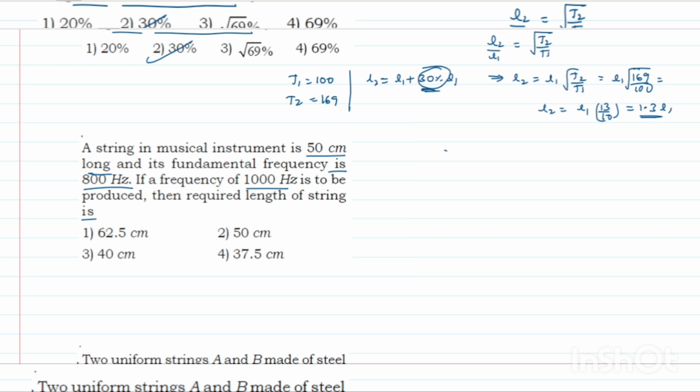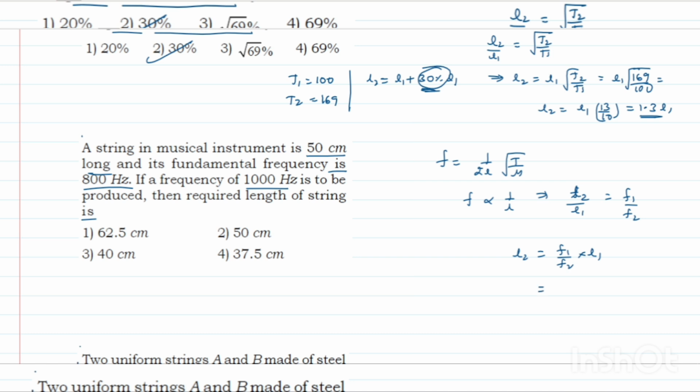So here F equals, students, 1 by 2L into root over T by mu. Here F is inversely proportional to length. So you can take F1 by F2, or else L2 by L1, as F1 by F2. So here L2 is nothing but F1 by F2 into L1, students.